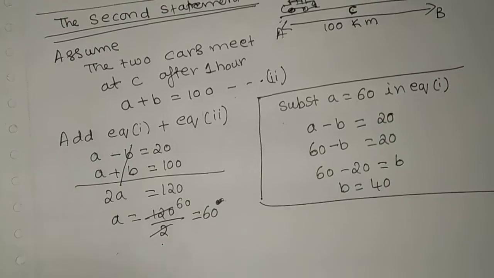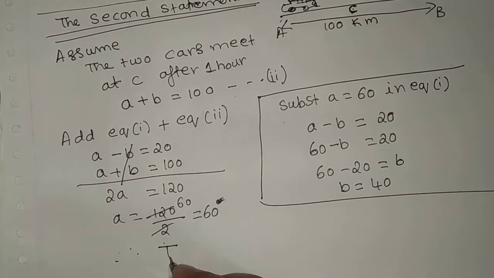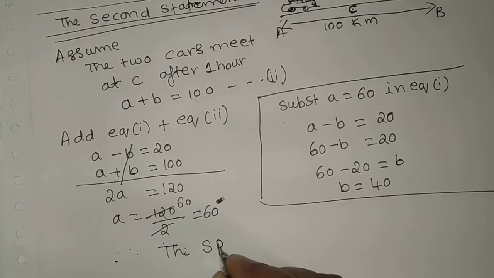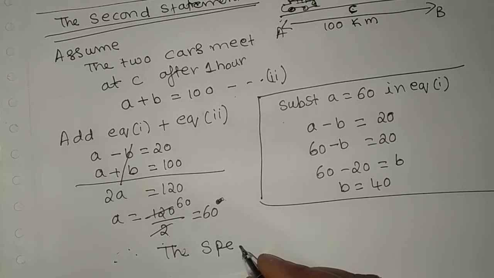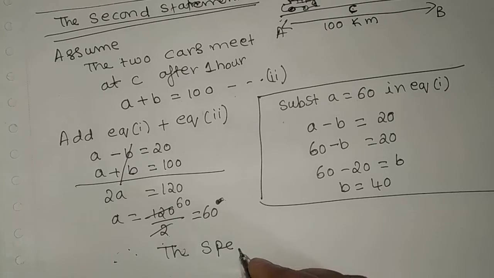Finally, what can we write? Therefore the speed. What they have asked in the question is the speeds of the two cars.